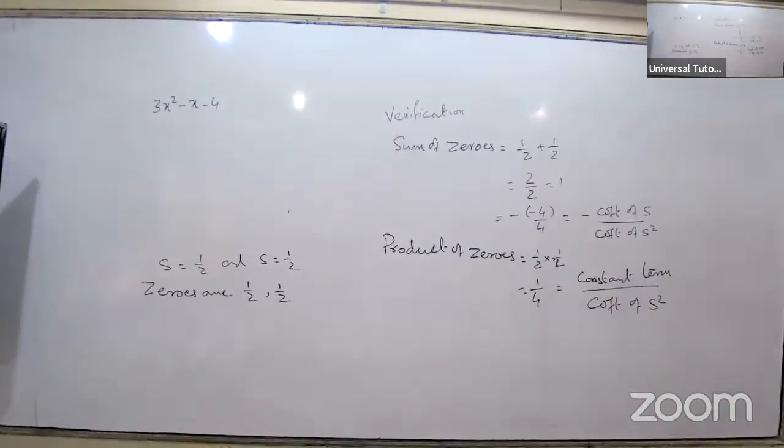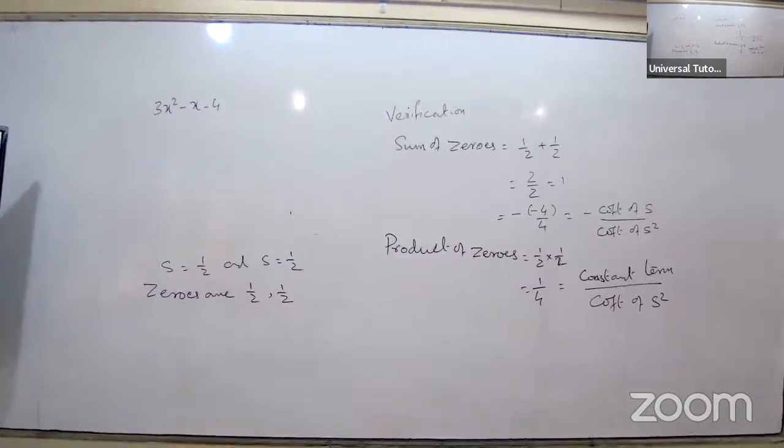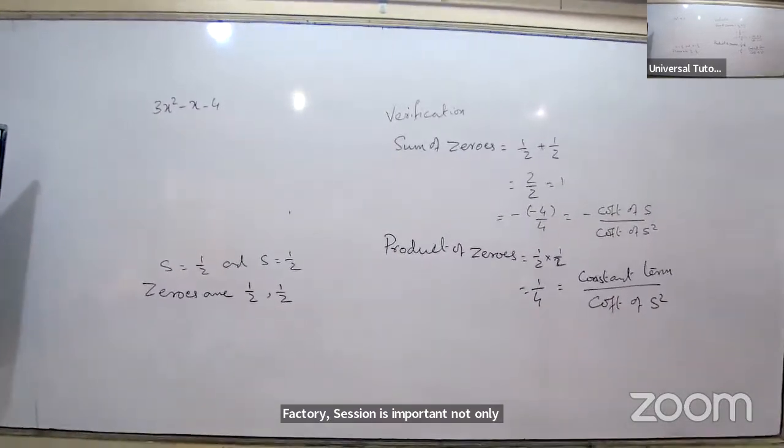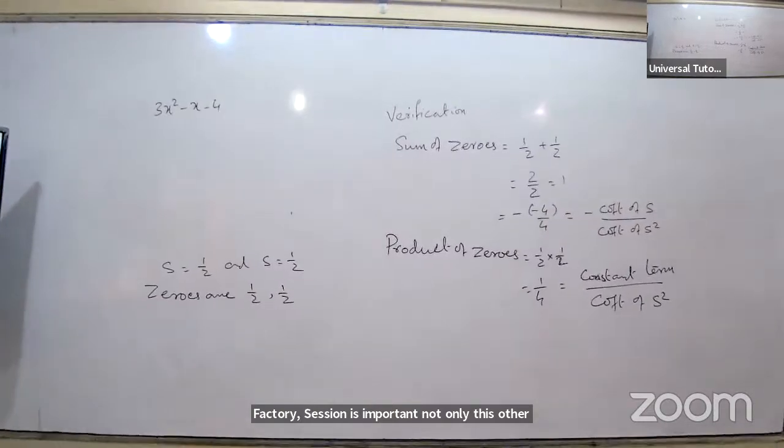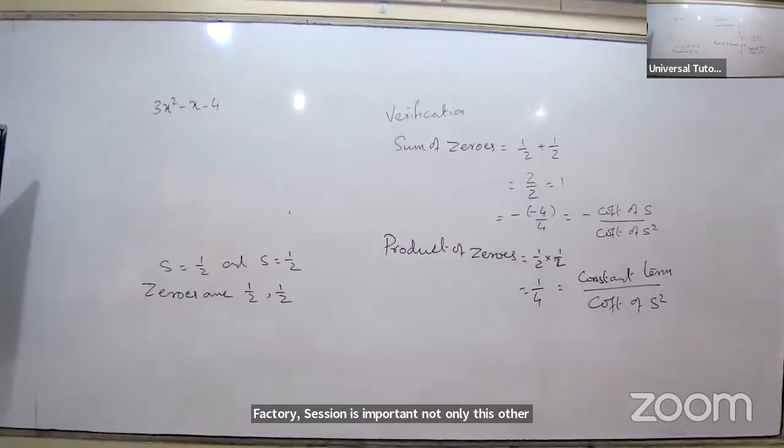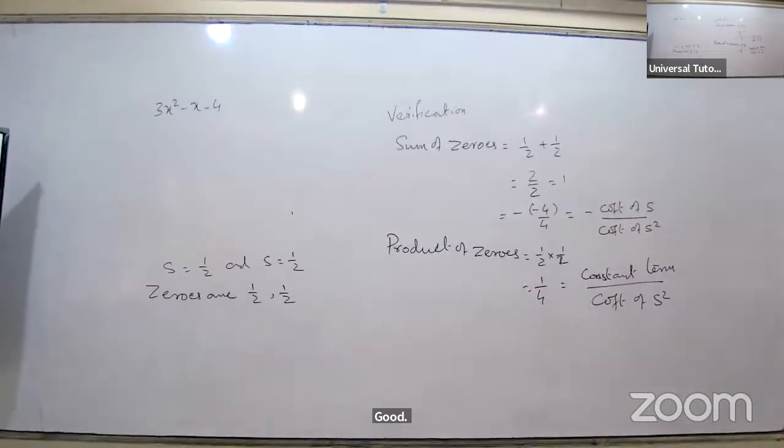Factorization is important. Not only this, the other chapter, quadratic equations, also uses the same factorization. If you learn the basic factorization problems, then find out what the product is.